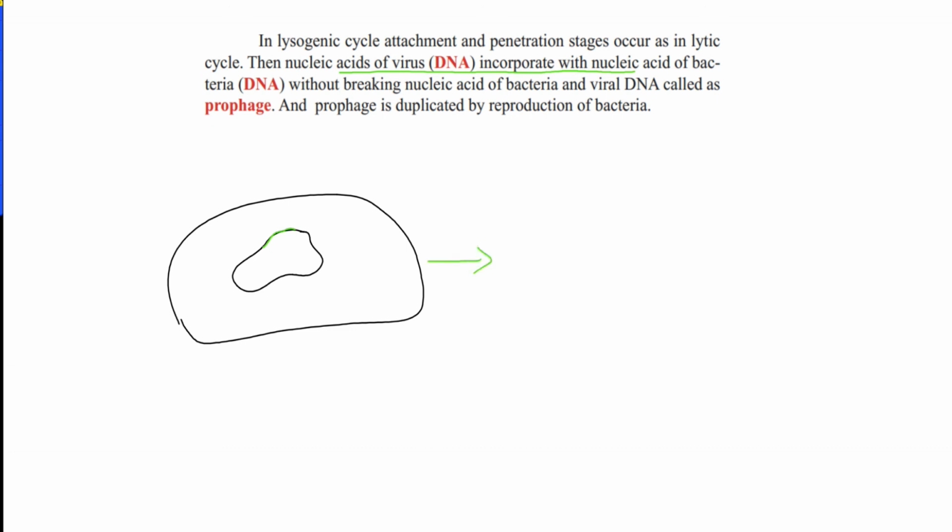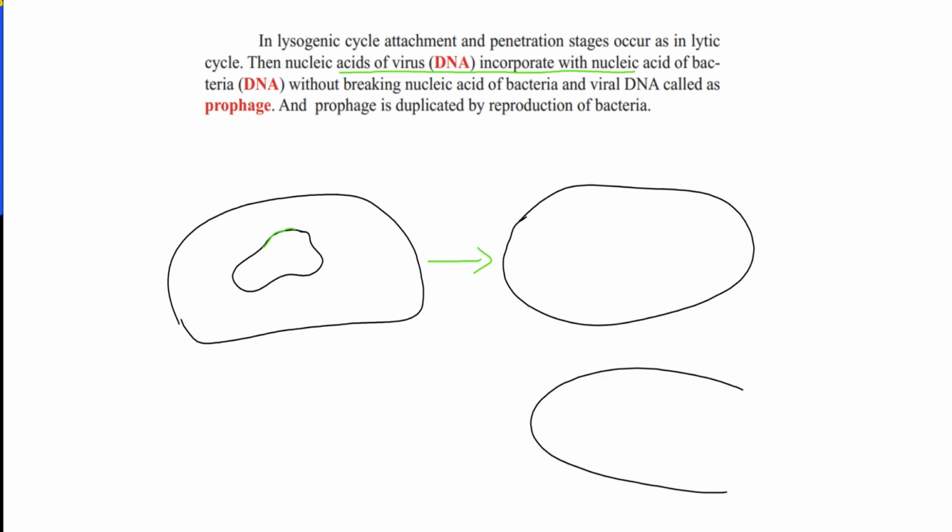So each time bacteria divide into two by binary fission to form two new bacteria, and also it produces two new viruses, because these two cells, both of them are infected with virus.